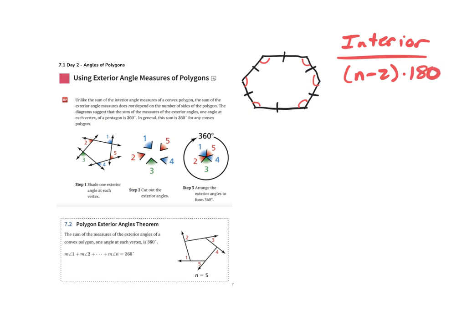So because this is a hexagon, we know we got 6 sides, so this would be 6 minus 2 times 180. So that would really be 4 times 180, which is 720. So that means there's a total of 720 degrees inside of this figure.